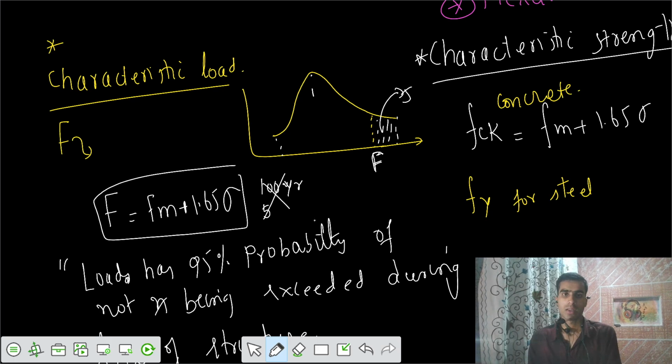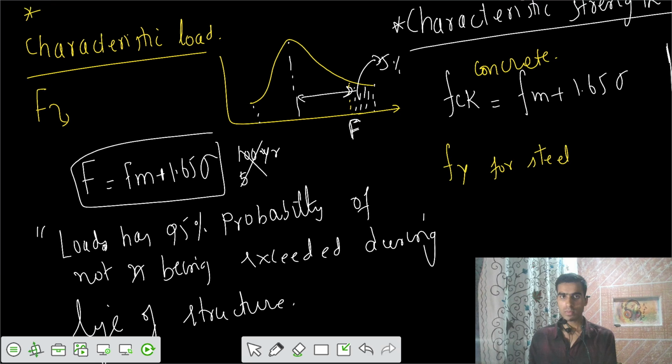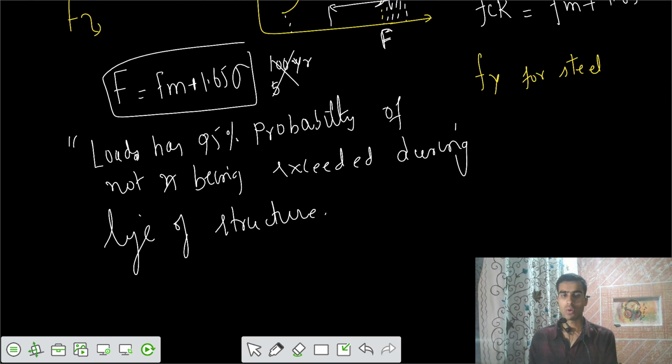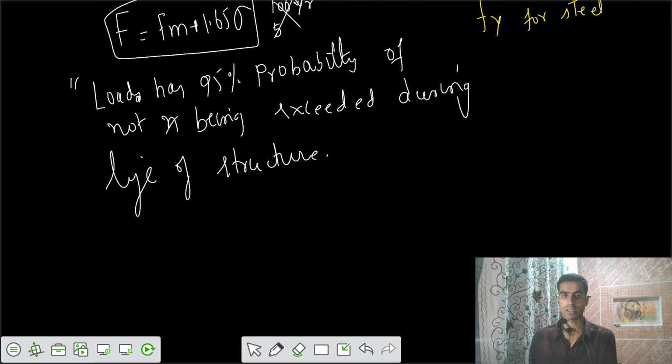This is your 1.65 sigma, such that the probability is only 5% that more than this, this particular load would be achieved only 5% of the lifetime of the structure. That is, 95% probability of that load not being exceeded during the life of the structure.